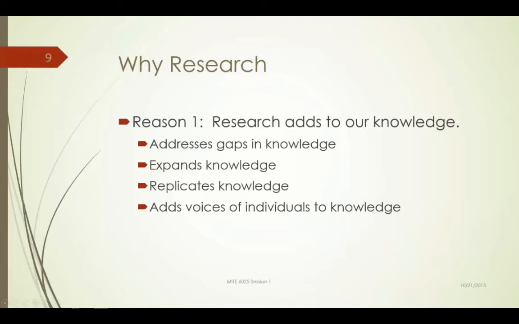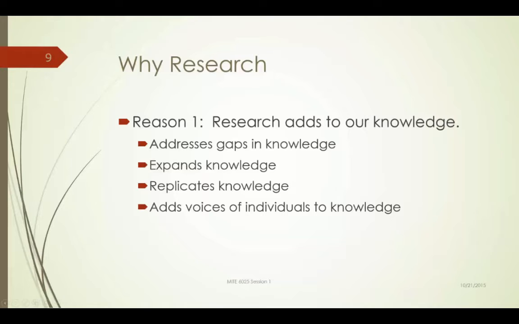The third is the replication of knowledge. Very often we research something in just a very particular population, and so we want to know how about other populations. Will they have a similar effect? So it's a kind of replication or generalization.